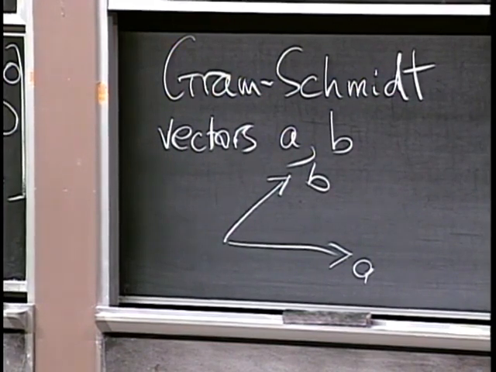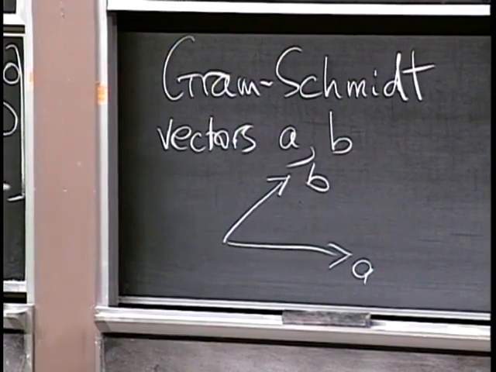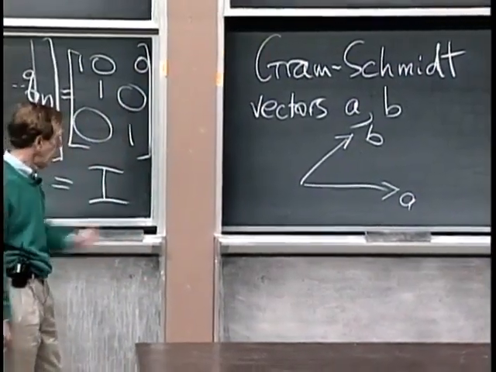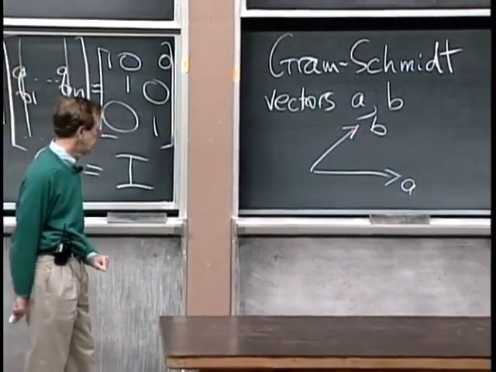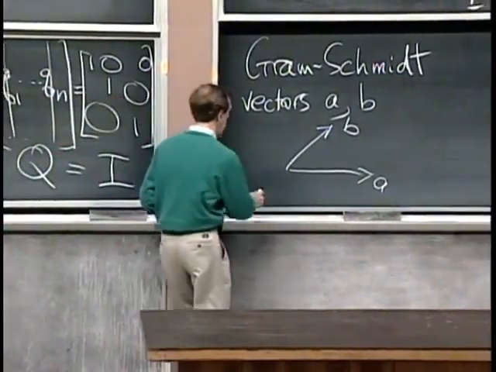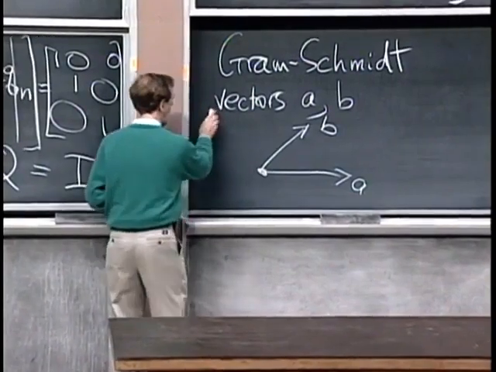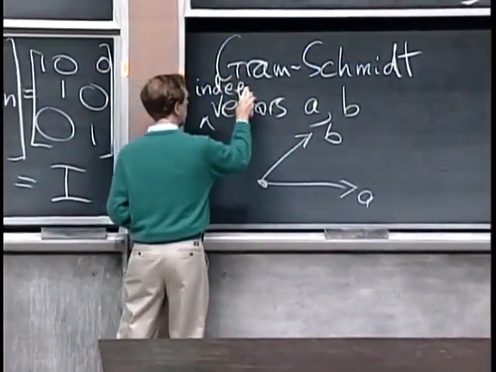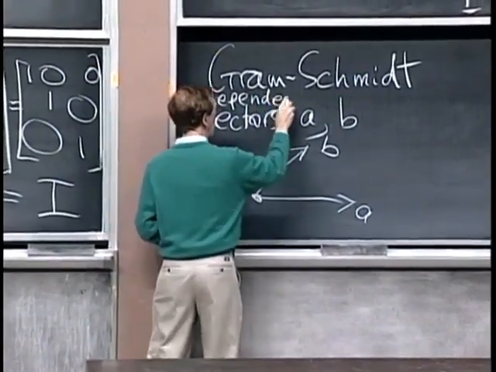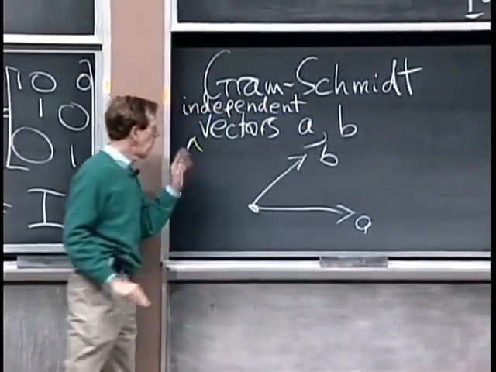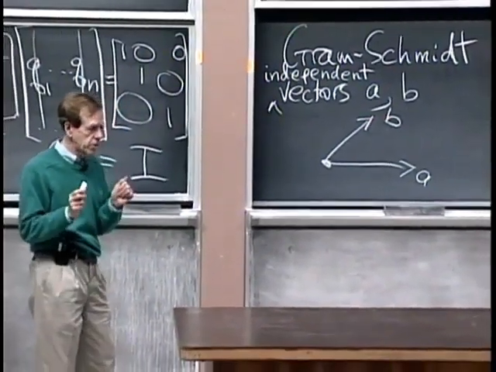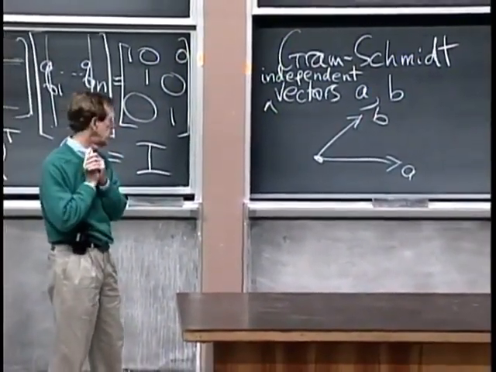They might be in 12-dimensional space, or they might be in 2-dimensional space. They're independent anyway. So I better be sure I say that. I start with independent vectors, and I want to produce out of that Q1 and Q2. I want to produce orthonormal vectors.